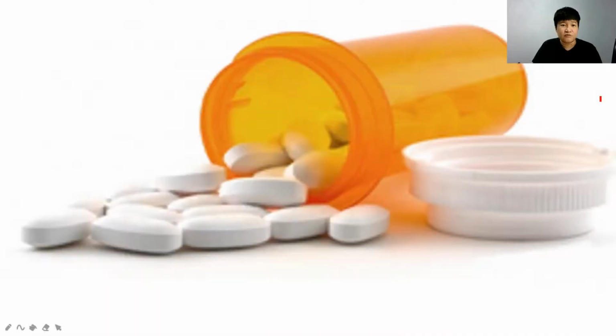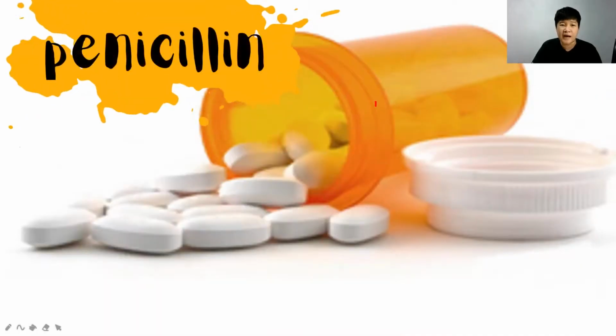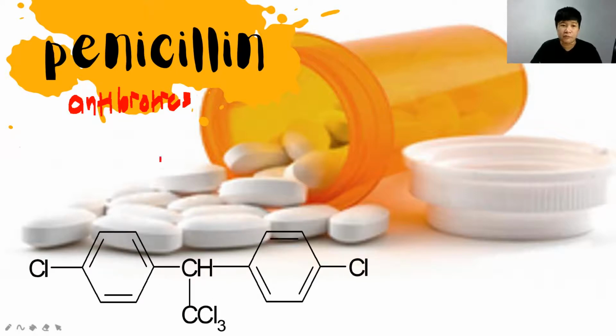Next, we have penicillin. Penicillin is a type of antibiotic that we always use in pharmaceuticals. And the structural formula of penicillin as an antibiotic looks something like this. As I said just now, every corner of this is actually a carbon that we are going to learn in your 1.2 skeletal structure.